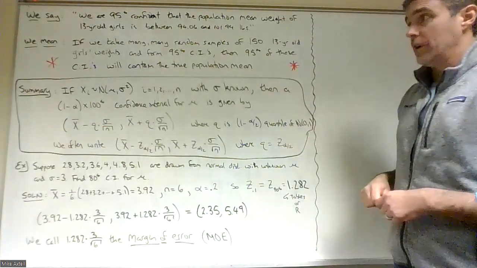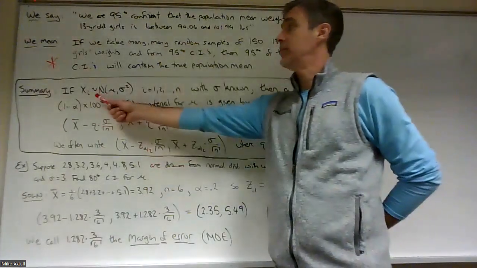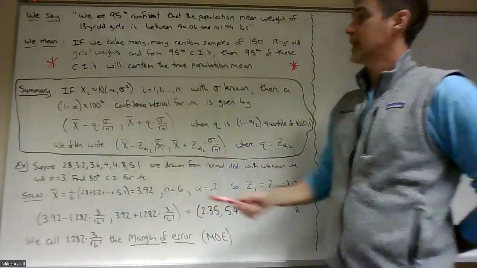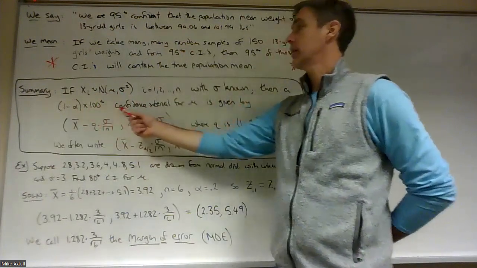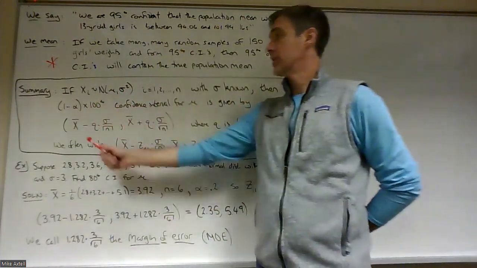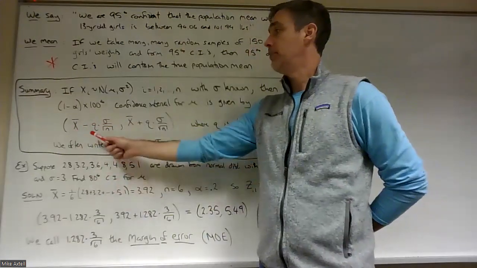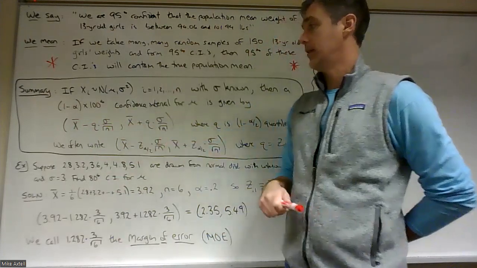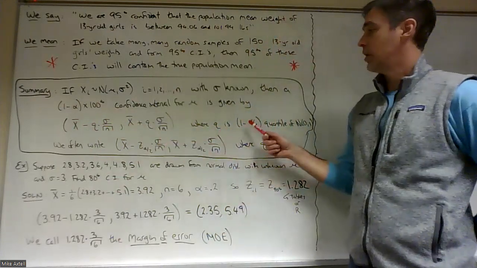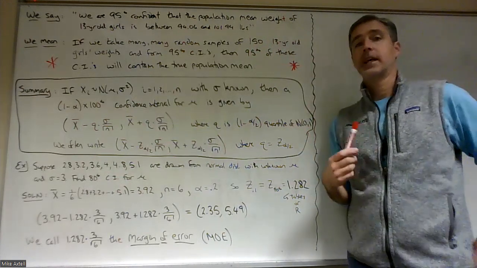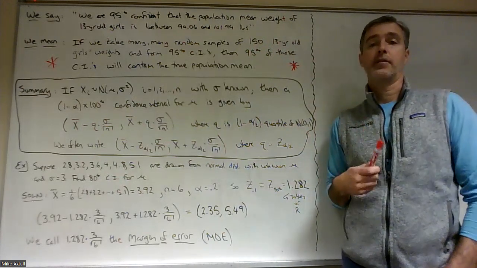All right, now in summary, what we just did is we had some data from a normal distribution where I knew sigma, and I was calculating a 1 minus alpha times 100% confidence interval for mu. And what I did was I took the sample mean, subtracted or added some quantile times sigma over root n, okay? And Q was the 1 minus alpha over 2 quantile of N(0,1). So in the last example, I wanted a 95% confidence interval.